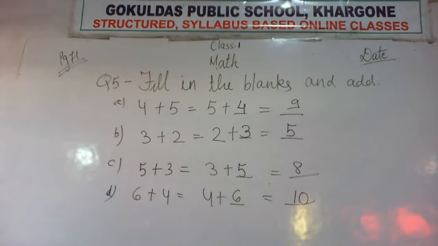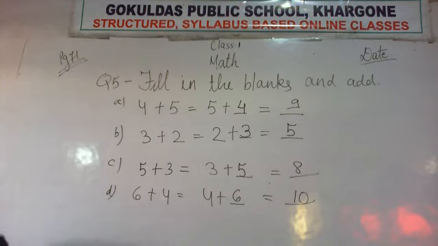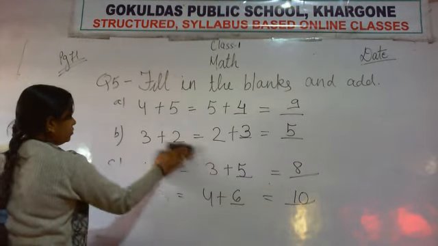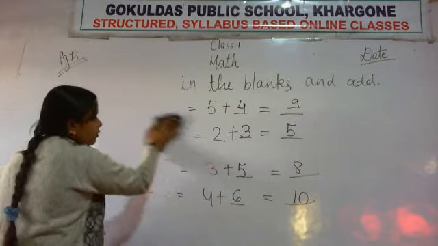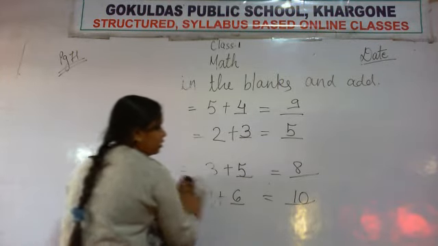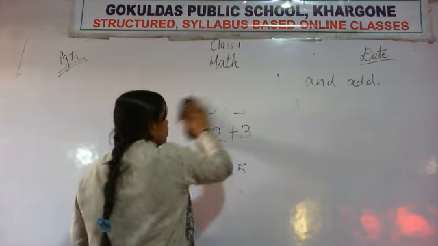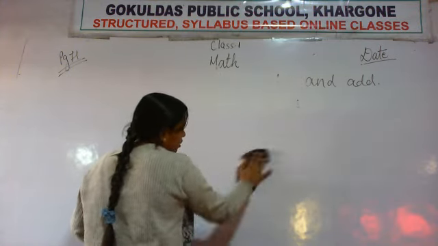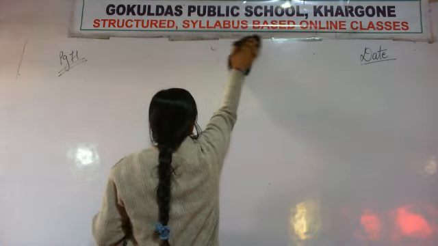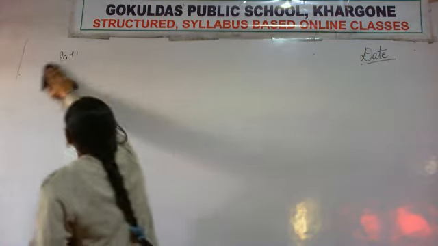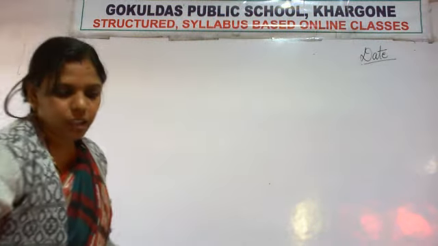Now the last question, subtract on the number line. In this question also only one question is given, so we will solve some extra questions also. First write the question.